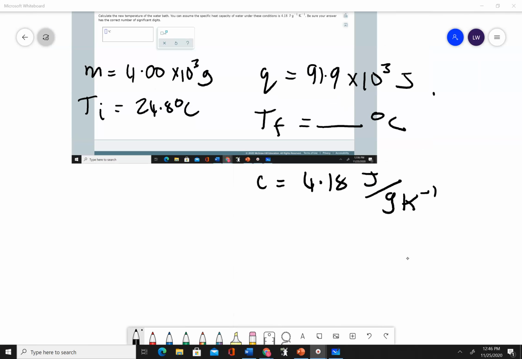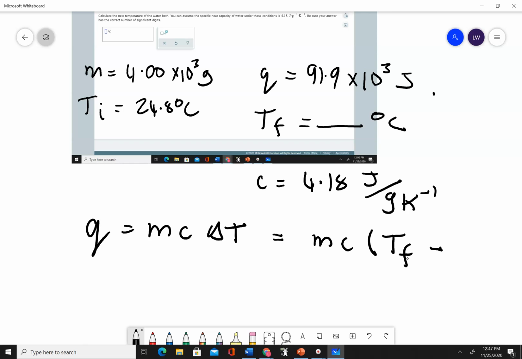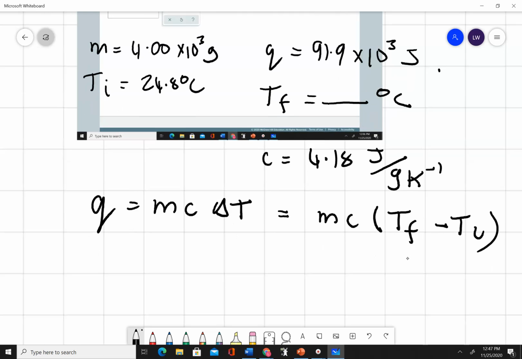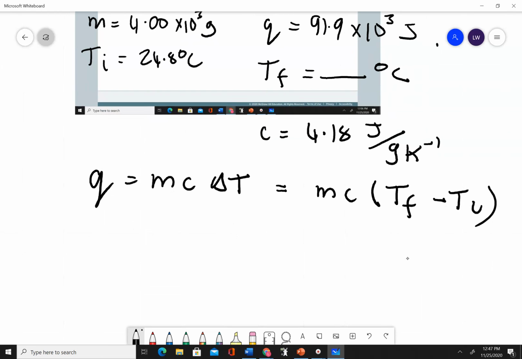We know that Q is equal to mc delta T, and we also know that delta T is equal to T final minus T initial. So Q would be equal to mc multiplied by T final minus T initial. So we can reorganize and solve for delta T here, right?